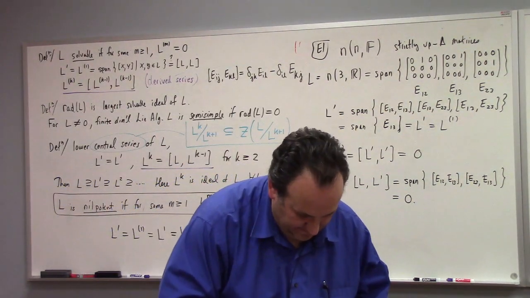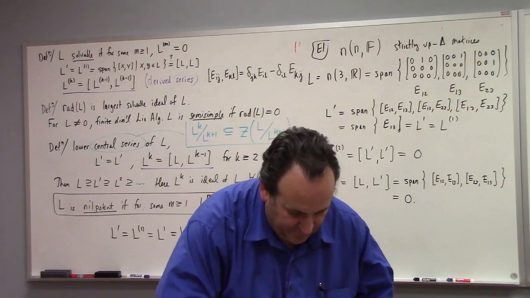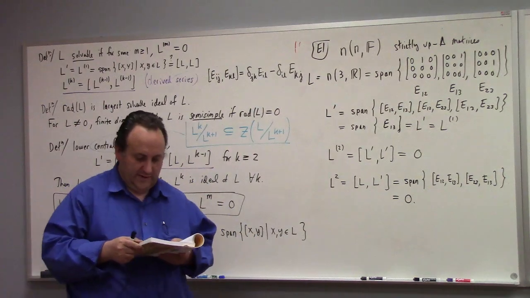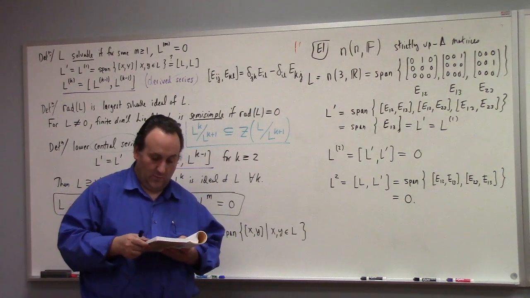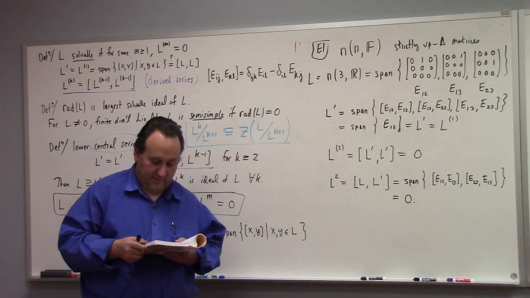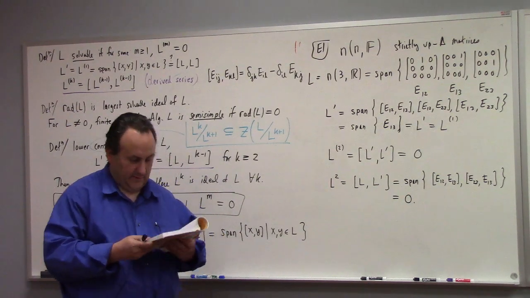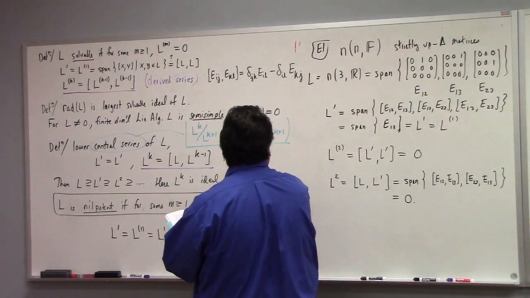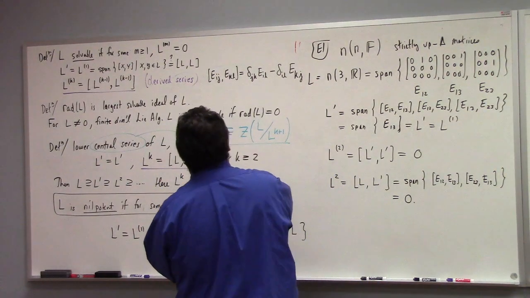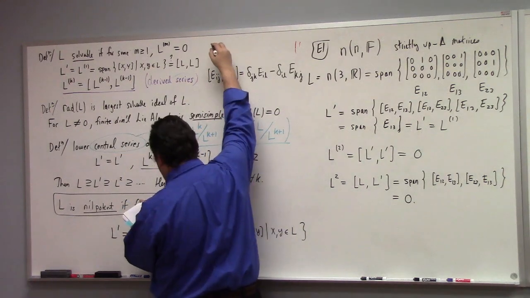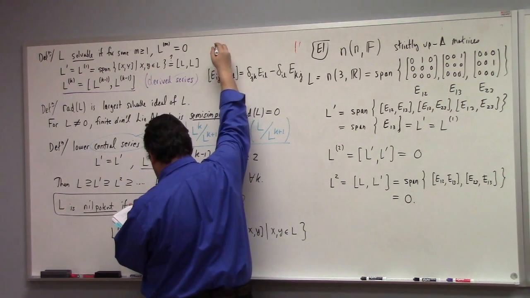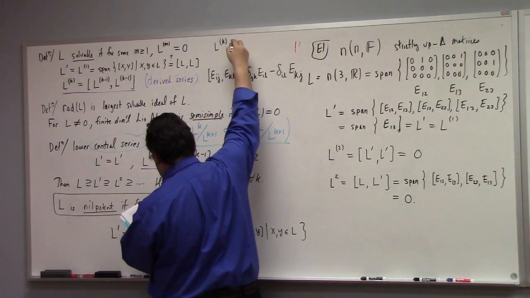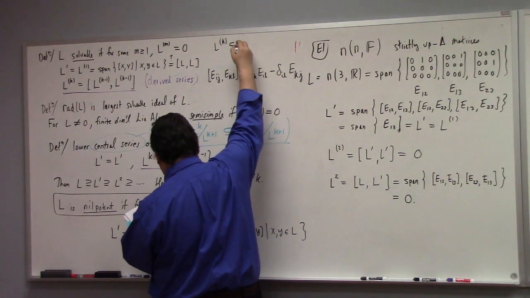All right. Well, let me read his claims. What else can we say here? He says, furthermore, any nilpotent Lie algebra is solvable. To see this, show by induction that L^k is a subset of L^(k) without the parentheses.